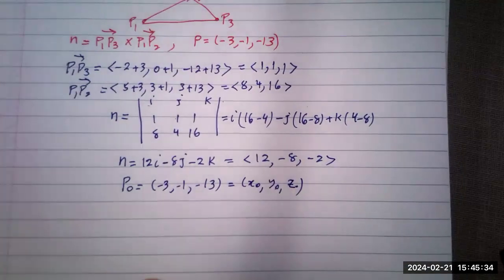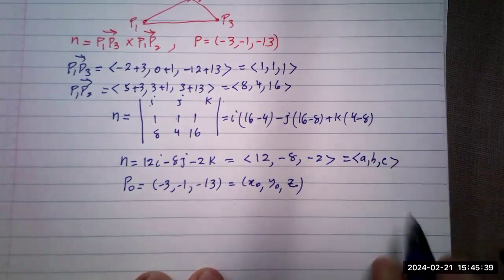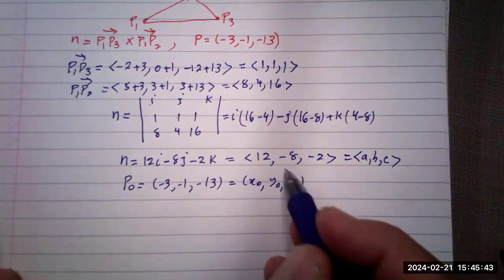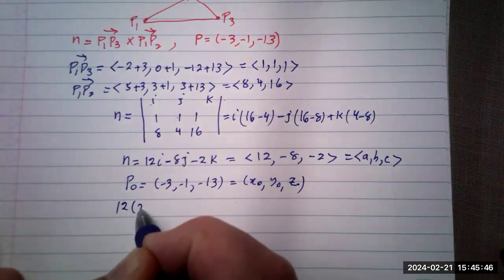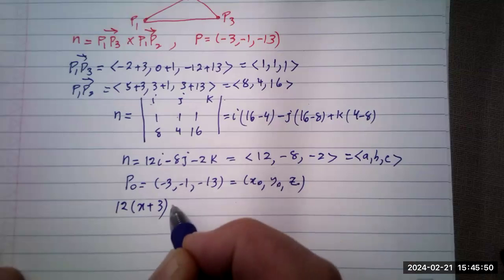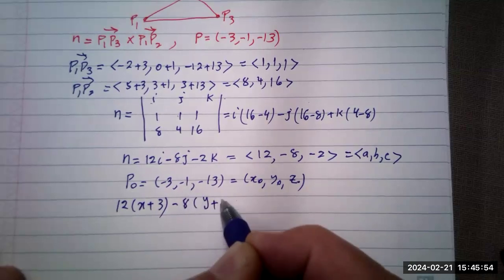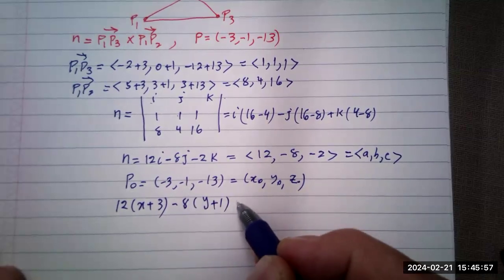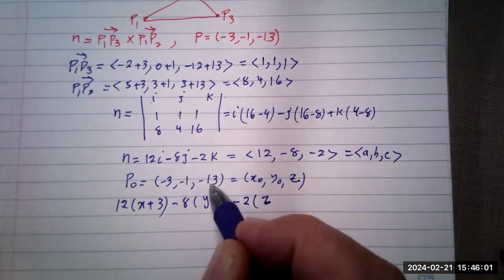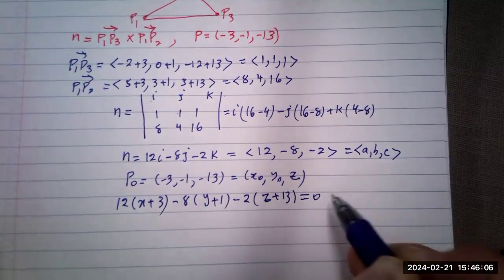And this is going to be your A, B, C. Go ahead and write the equation. A is 12, so 12 times x minus x0, which is +3. B is -8 times y minus y0, which is +1. C is -2 times z minus z0, which is +13, equal to this.